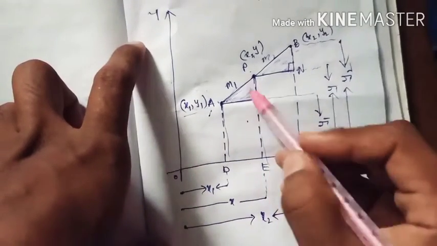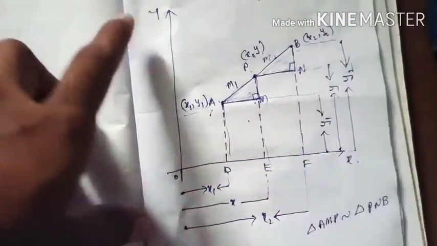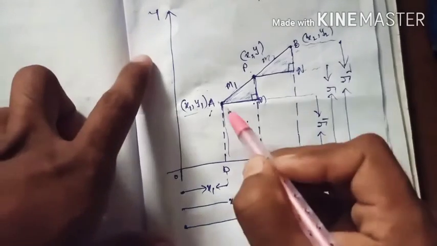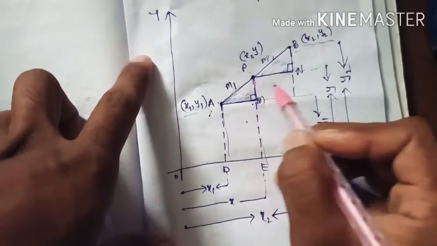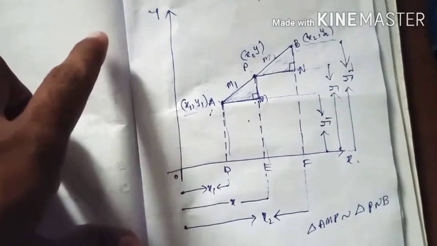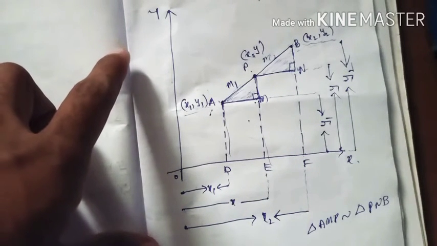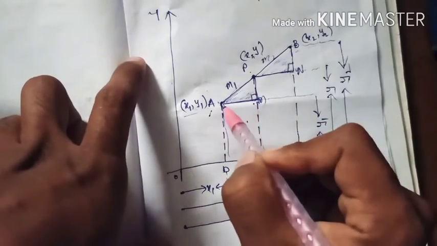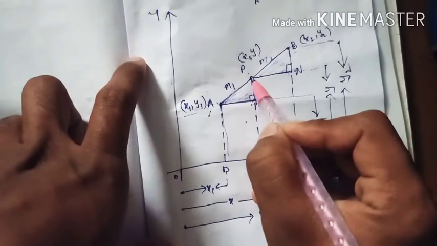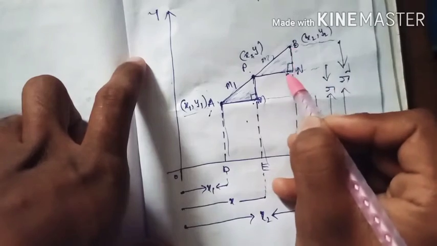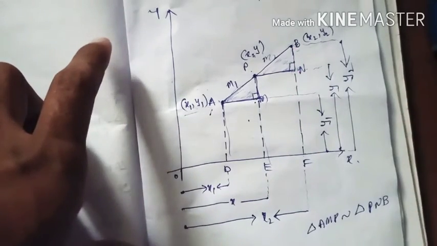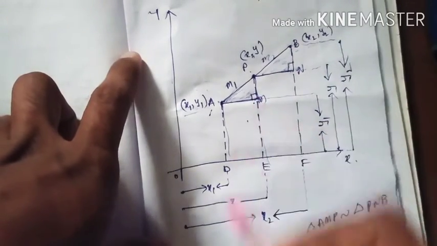Observe this. Here we have two triangles, triangle AMP and triangle PNB. You have to focus on these two triangles. Here angle AMP and angle PNB are equal to each other and both are 90 degrees.